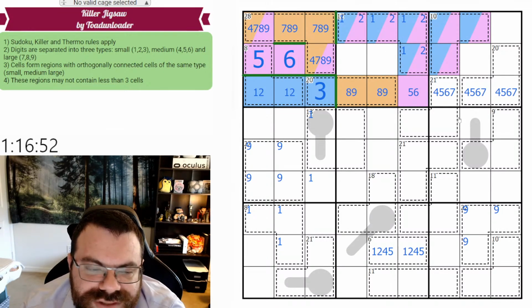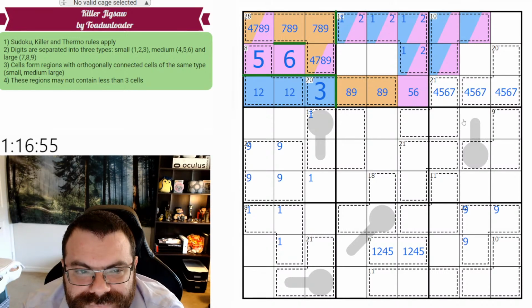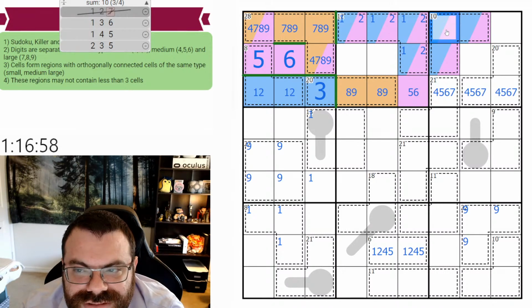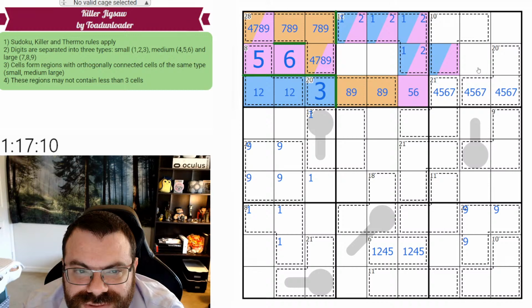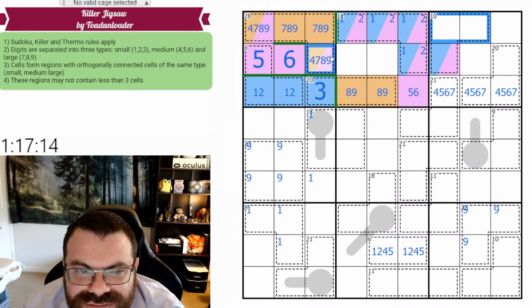I don't know if I want all this coloring. Yeah, you're right. We could have a 7 up here. And this would be a 1 or 2. So if there was a 7 here, this would be 7.